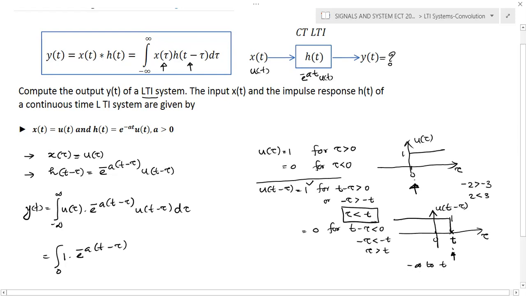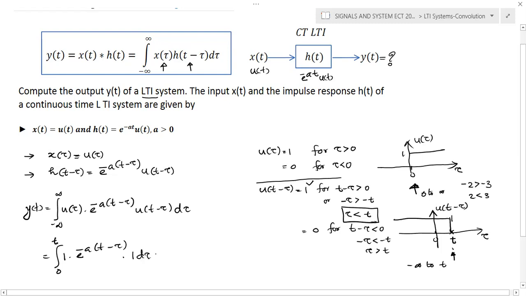And the first signal exists from 0 to infinity, but the second signal exists from minus infinity up to t. So if you consider these two signals, the common region with non-zero magnitude will be from 0 to t only. So we don't want to integrate the signal more than t, so we can limit the upper limit to t. In that particular case, the signal magnitude u of t minus tau is equal to 1.